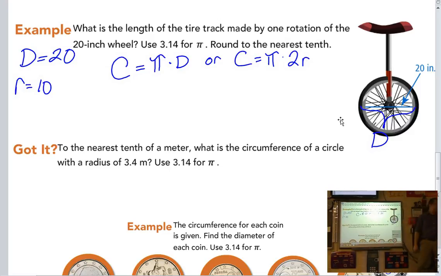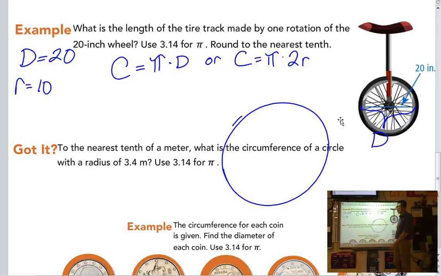So, here's a memory trick. If you want to be able to remember circumference real easy, we're talking about a circle, right? And circumference is distance around. Think about this as a pie, right? Because we talk about pi a lot with circles.